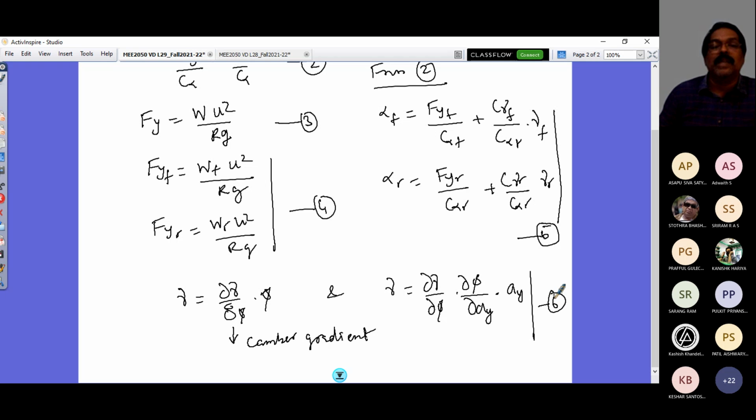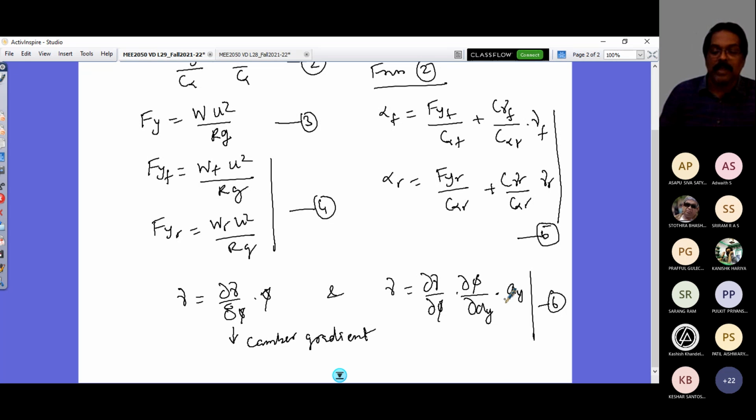So how do I look at that? Now the gamma is a function of roll. So I have this gradient times phi, the roll, and roll in turn is given by roll rate into lateral acceleration, which we have seen in the last class. So my gamma camber comes like that in a particular axle.